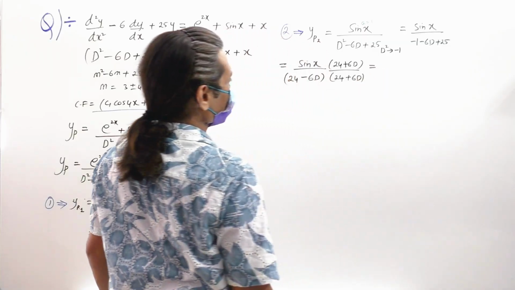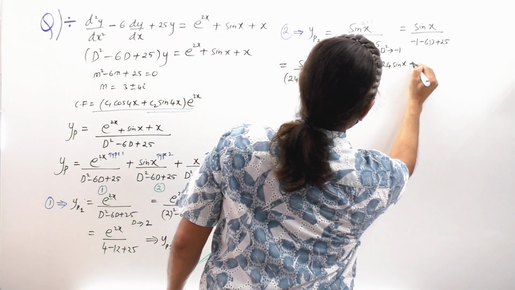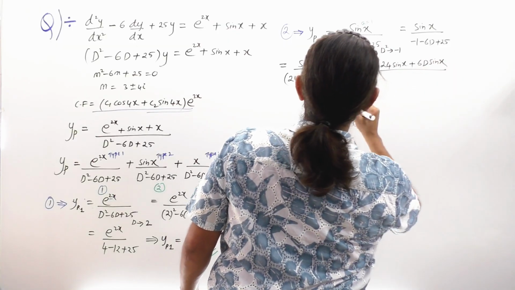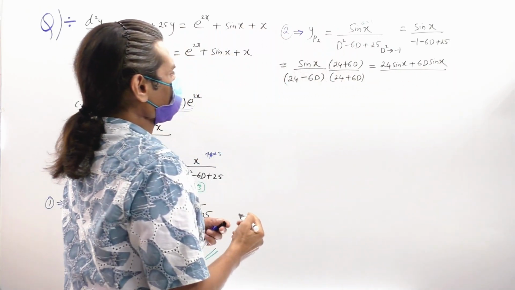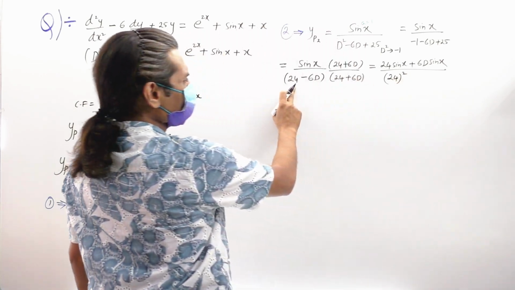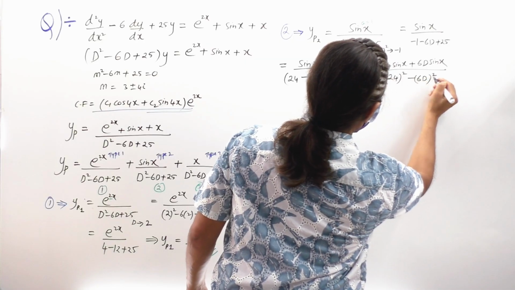So, this will be now, opening the bracket, 24 sin x plus 6d sin x whole divided by 24 square minus 6d square, a minus b, a plus b. Okay.